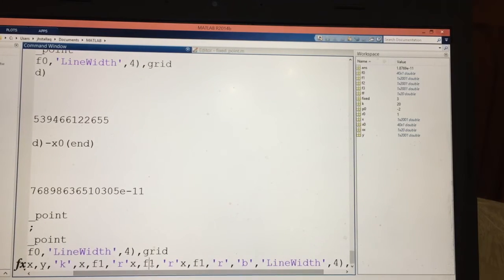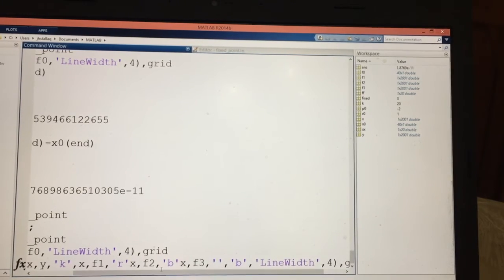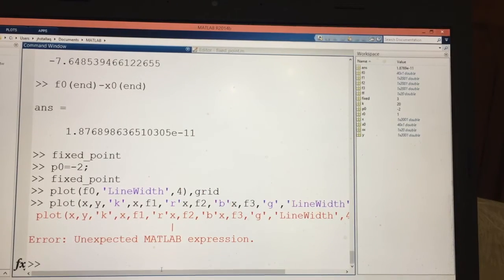Let's make this F2, the second function, blue, and F3 green, G. I think green is G. We remove this one, it's an extra. Let's see what's in there.